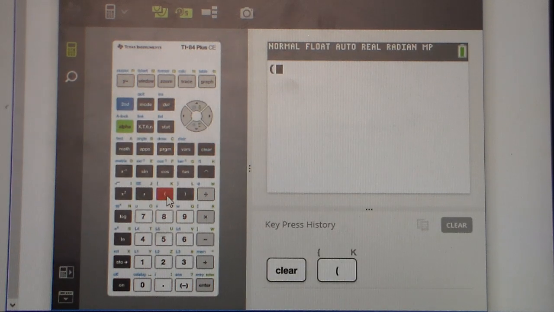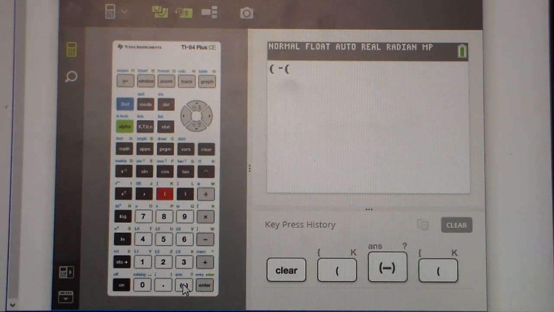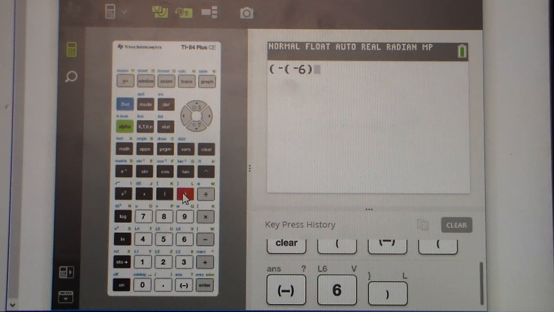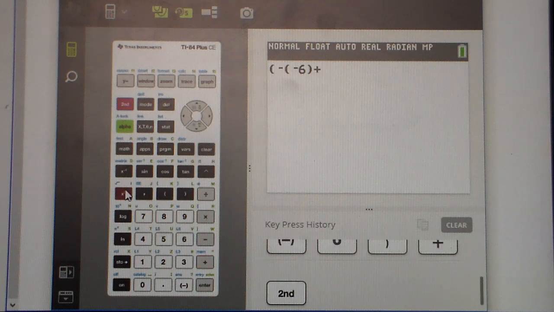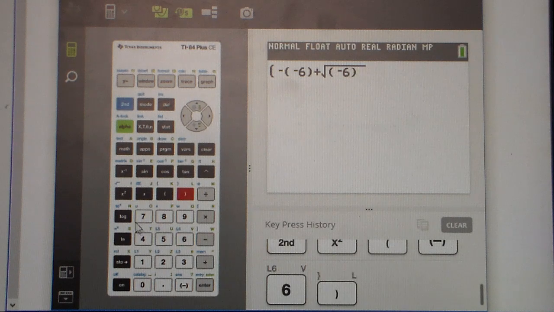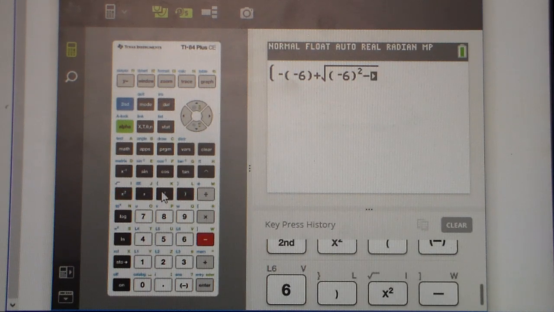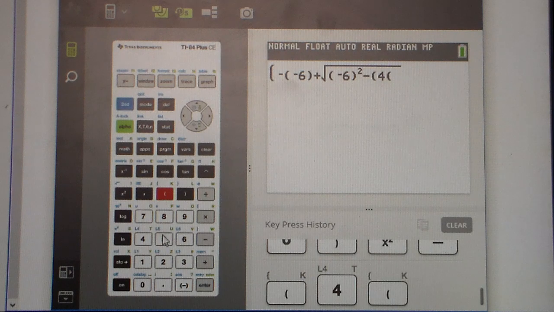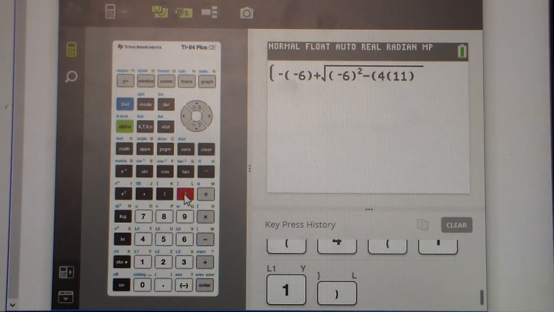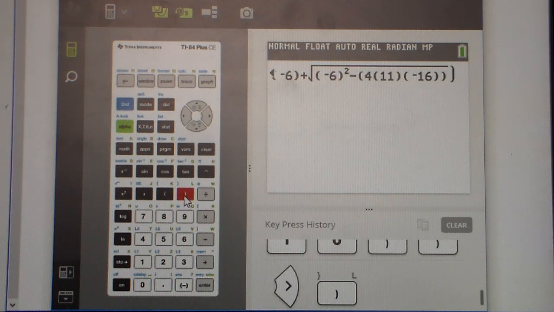So, open parentheses for the numerator, then negative, open parentheses for the negative 6, then I close parentheses, then I do my plus sign first, square root, parentheses, negative 6, close parentheses, squared, minus parentheses 4 times 11, and then you have negative 16 on the outside, and close that up.